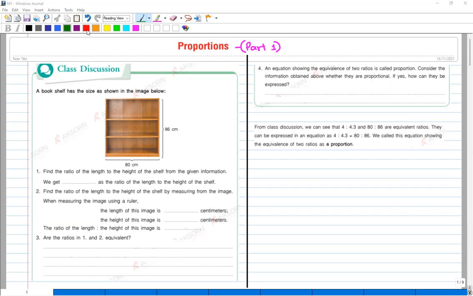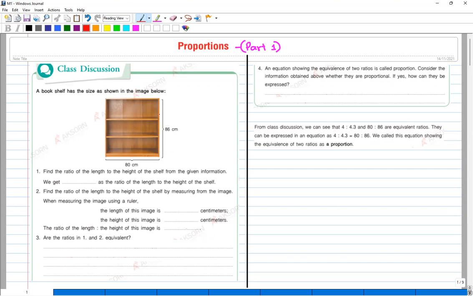Now, a bookshelf has a size as shown in the image below. Now, this is just the image, but the length and height that are written there, they are actual. You understand? When you measure it as a real bookshelf, you will see 80 centimeters as the length and 86 centimeters as the height.